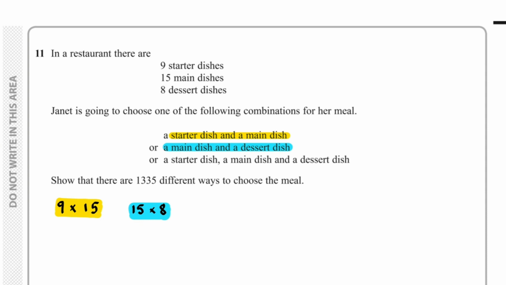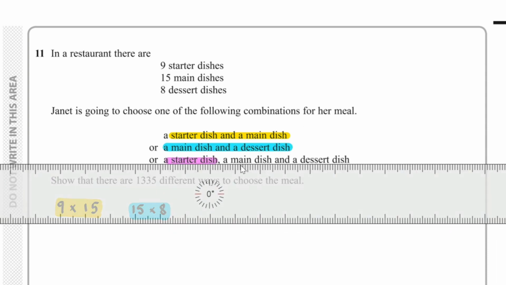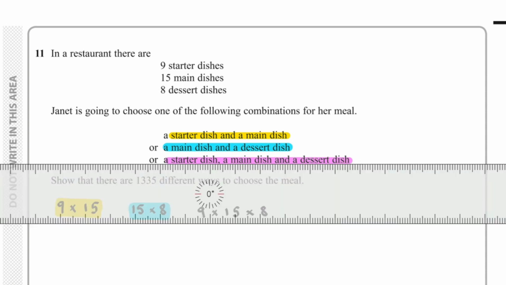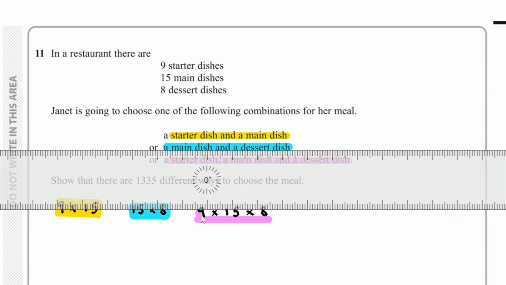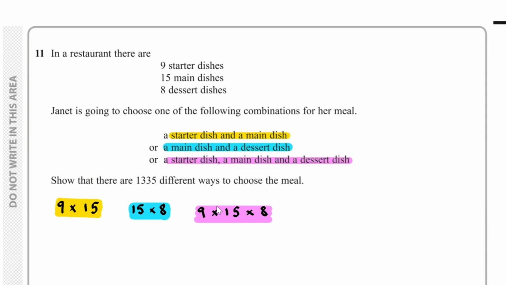And then for a starter, a main and a dessert, total number of combinations, we've got 9 times 15 times 8. And so this will correspond to a starter, a main and a dessert.